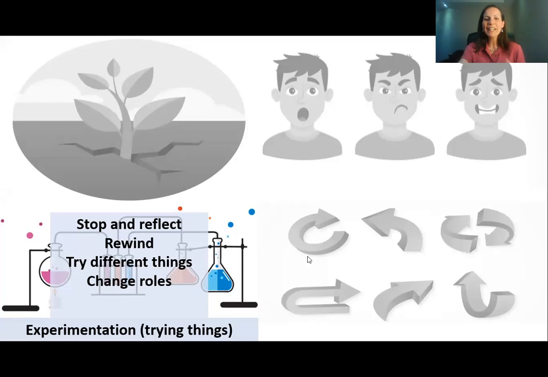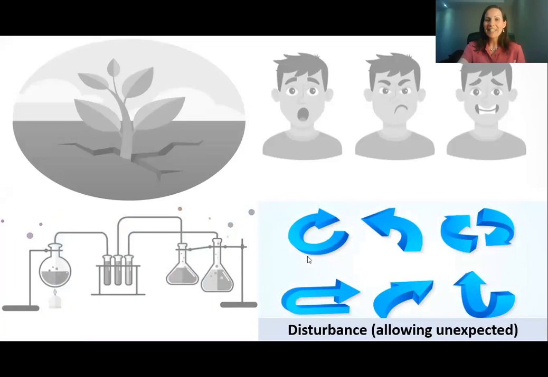And finally, disturbance. We want to allow the unexpected to happen. Sometimes maybe the simulated patient doesn't follow what their role is meant to be. And maybe as a facilitator, I say, oh, stop, stop, stop. You know, that's not what you're meant to say.